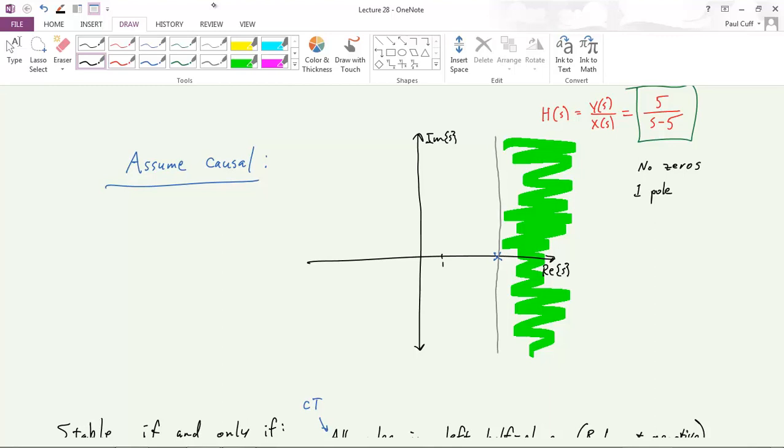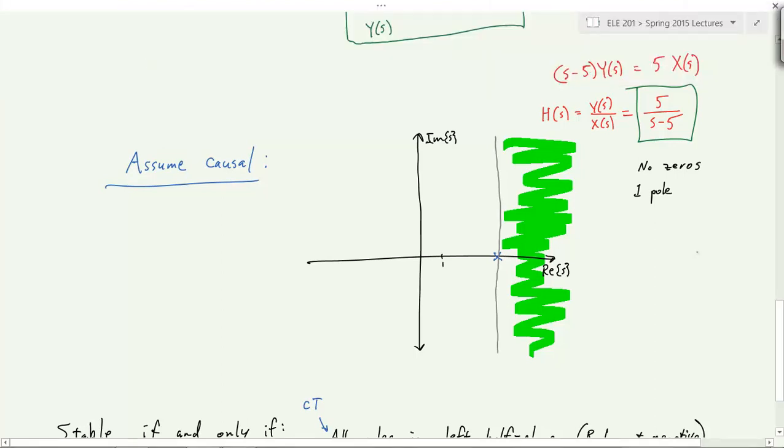Yep. Okay. So we can see here that if we want the time domain, we can invert this, and you can just take my word for it that in time, this says h of t equals 5e to the 5t u of t. You can do the Laplace transform explicitly on this h of t and see that you'll get 5 over s minus 5.